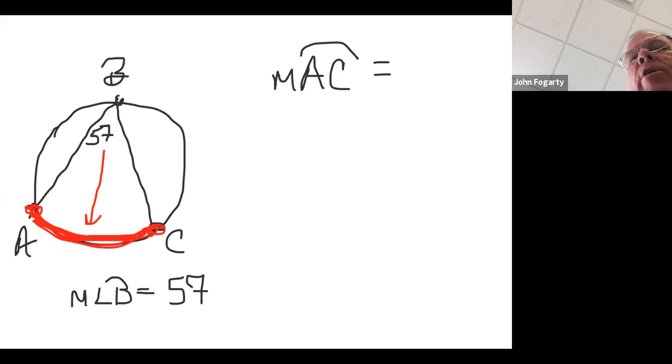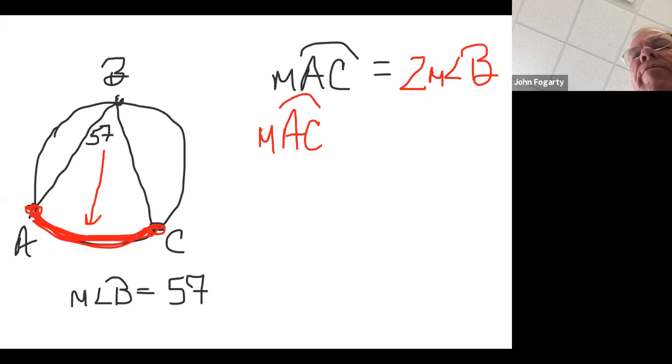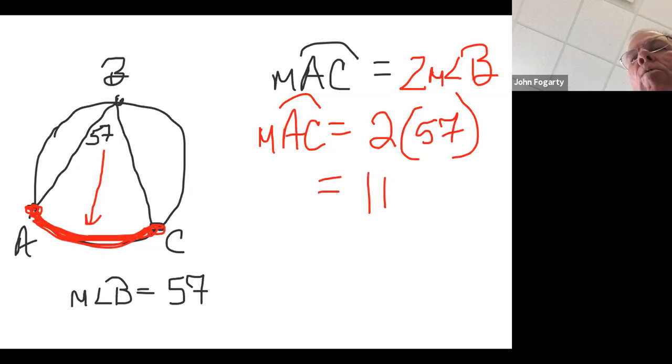So the measure of arc AC is going to be equal to 2 times the measure of angle B. Well, we know that angle B is 57, so 2 times 57, what's that? 114. Does that make sense, fellas? Yes or no?